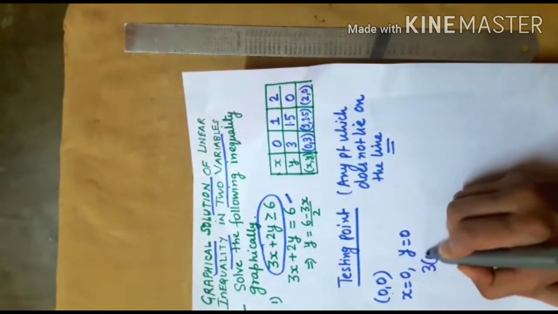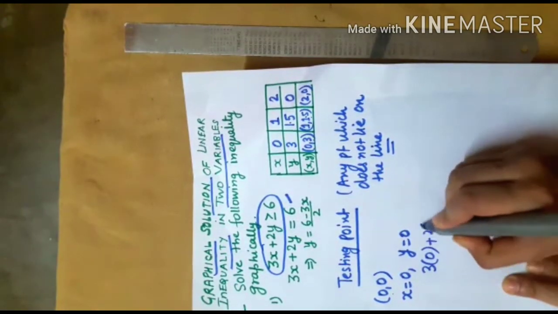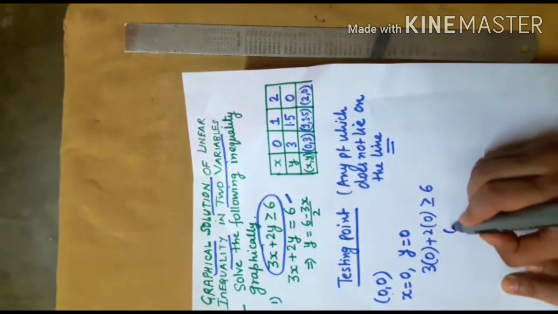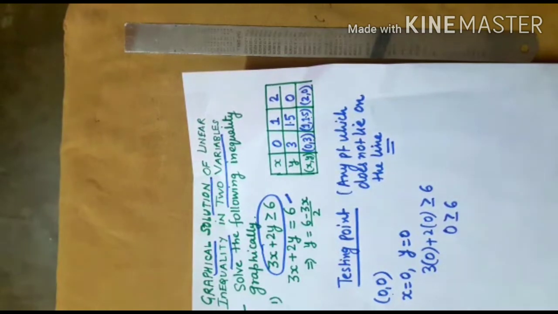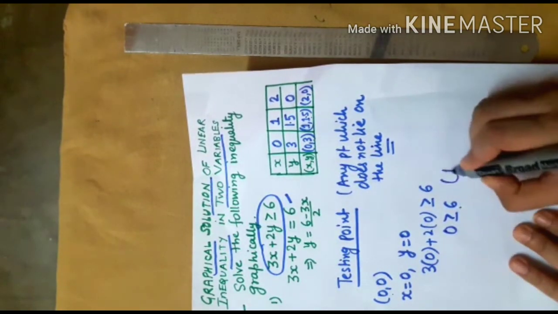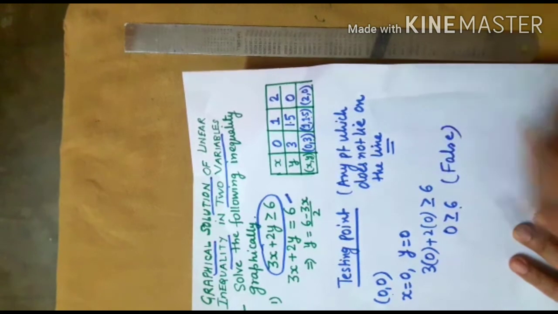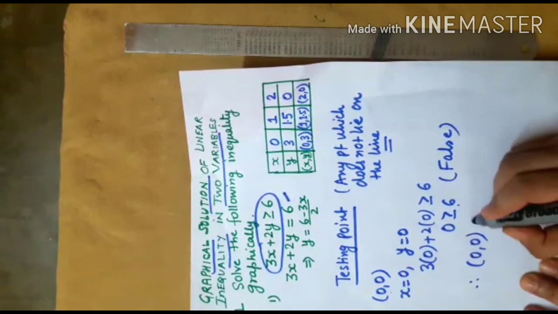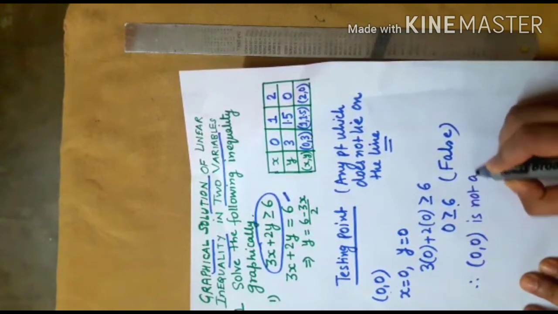I'll get 3 into 0 plus 2 into 0 greater than or equal to 6. That is, 0 is greater than or equal to 6. Is it true or false? Yes, it is a false statement. Therefore, 0, 0 is not a solution.